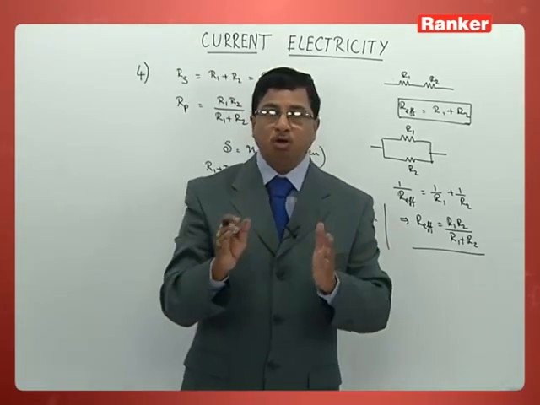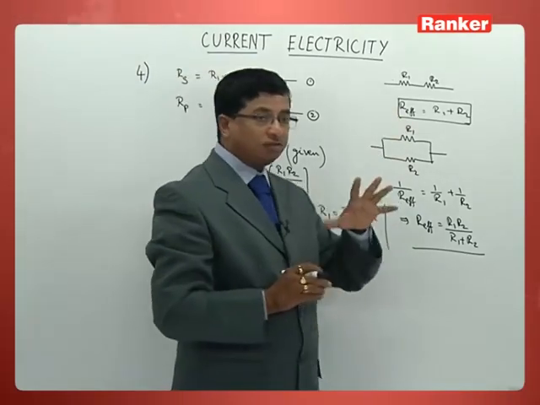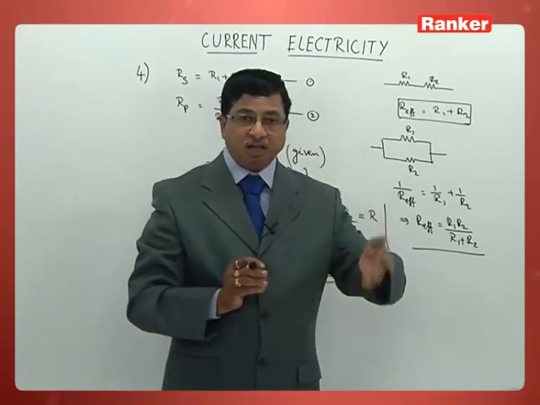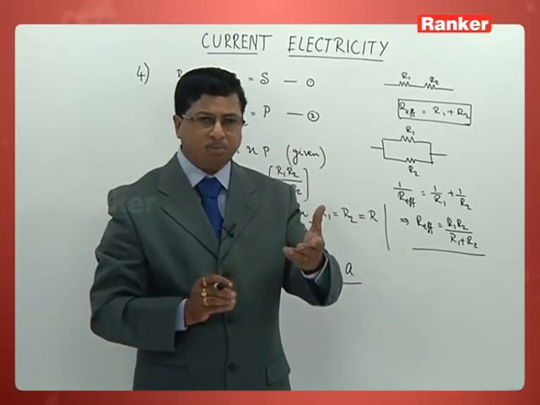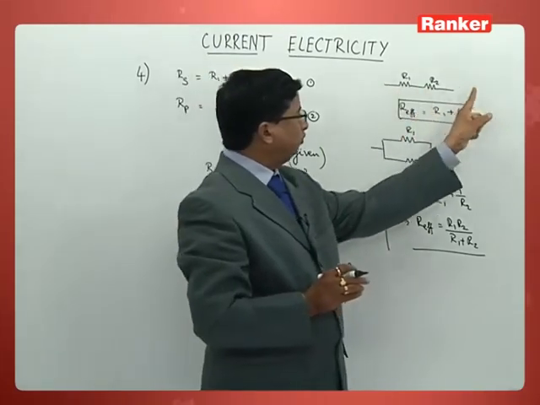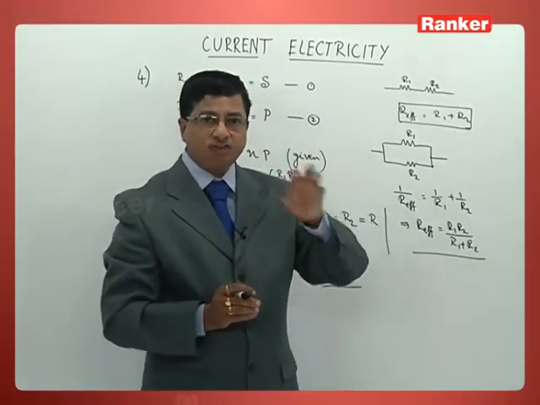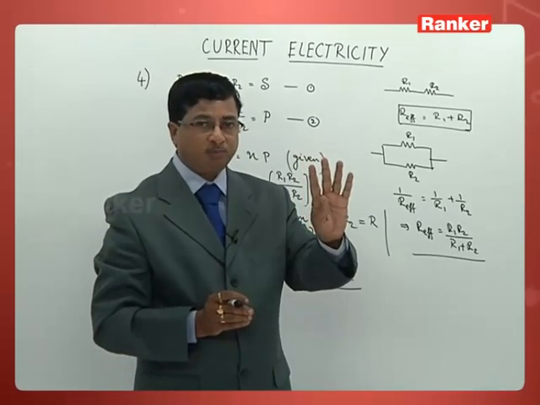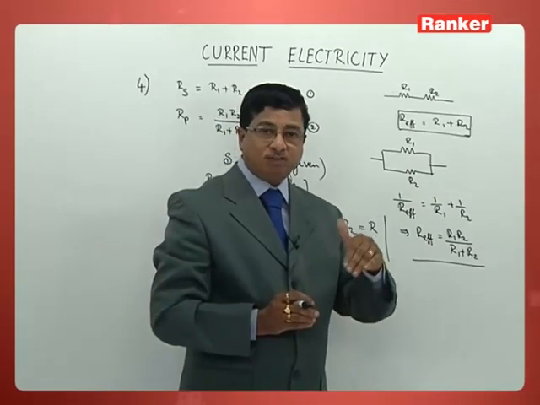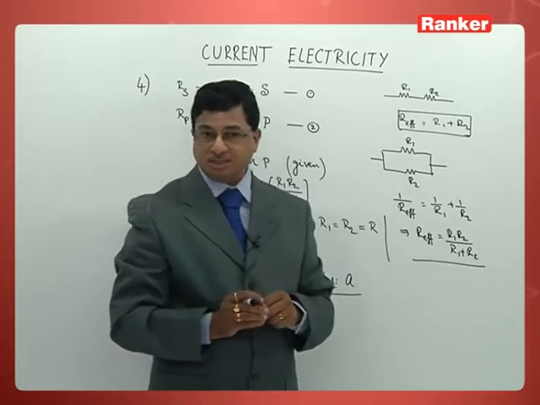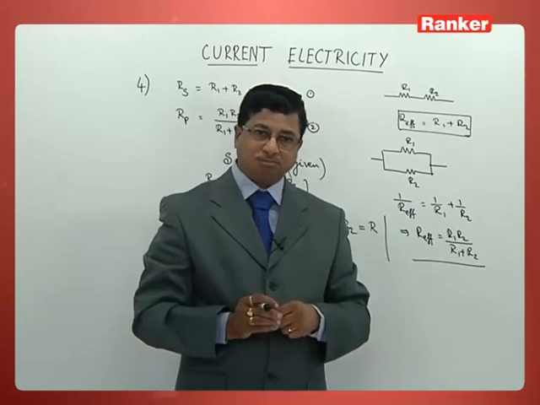When two or more resistances are connected in series, the effective resistance will be greater than the greatest resistance of the circuit. For example, 1 ohm, 2 ohm, 3 ohm, 4 ohm, 4 resistances are connected in series. Which is the greatest resistance out of the 4? It is 4 ohm. The resultant will be more than 4.